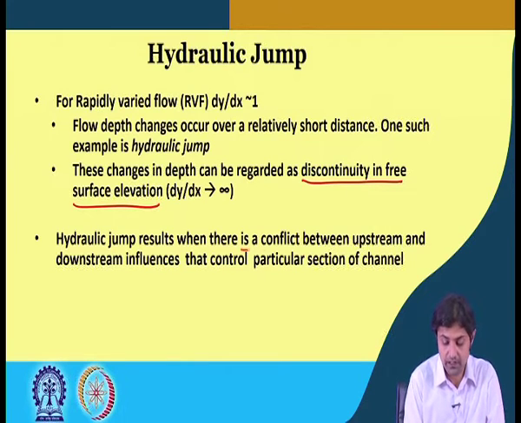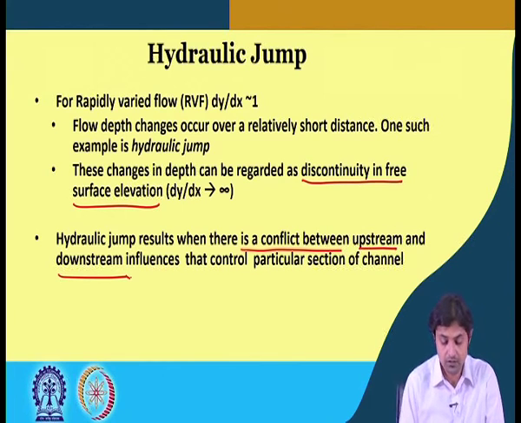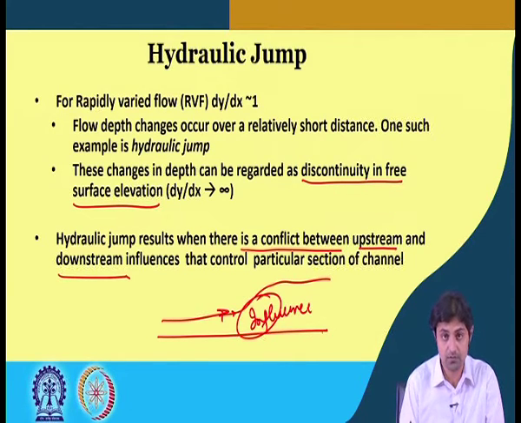Suppose this is a channel, the flow is coming like this, and there is some influence here, because of which there is a discontinuity, for example, in the free surface, and because the water depth changes very rapidly, this is called hydraulic jump.